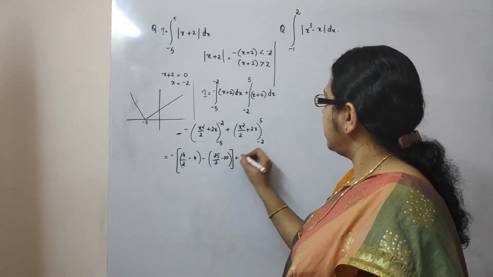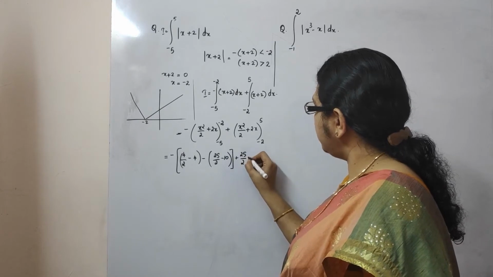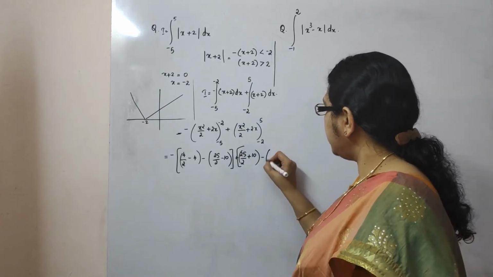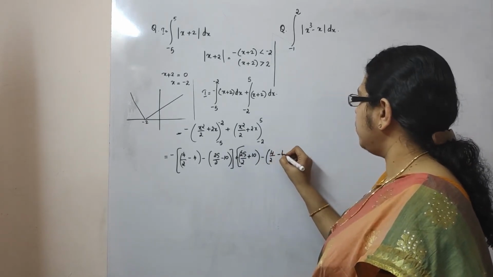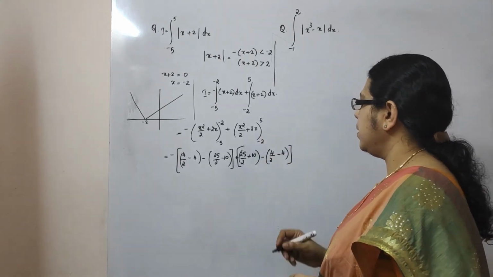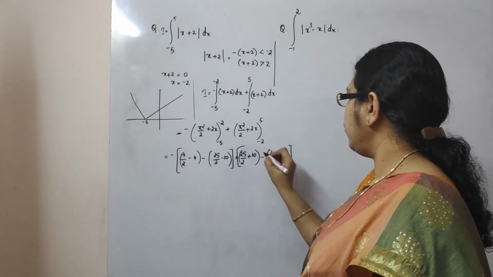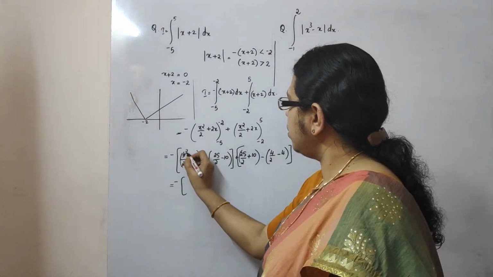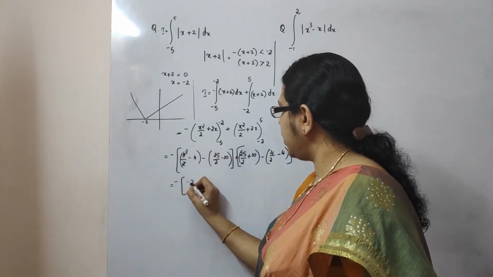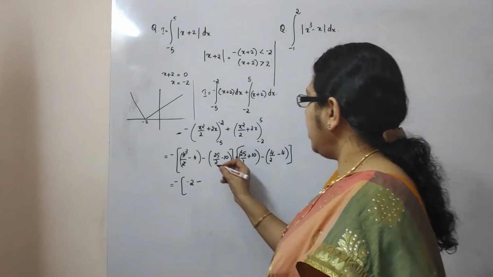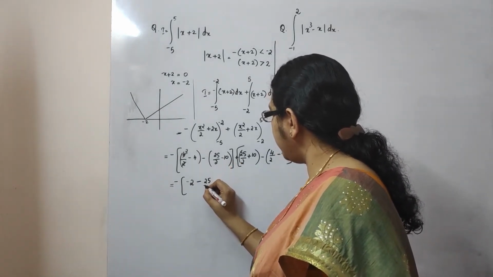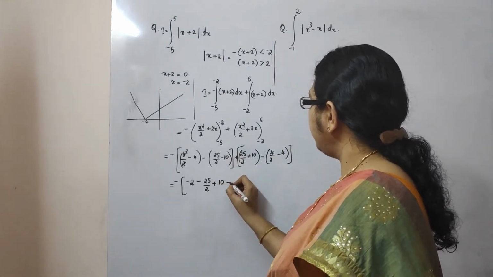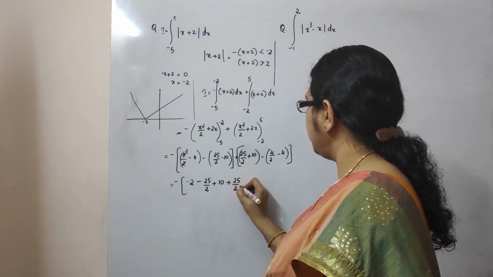Plus, upper limit 25 by 2 plus 5 into 2, 10, upper limit minus lower limit 4 by 2 minus 4. Negative 2 goes here, it is minus of 4, so minus 4. So this is equal to negative of, 2 goes here twice, so 2 minus 4, that is minus 2, minus of 25 by 2 plus 10, plus 25 by 2.